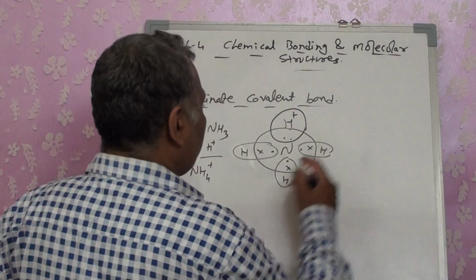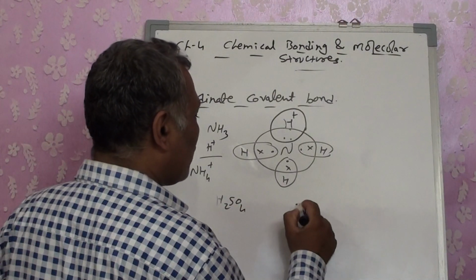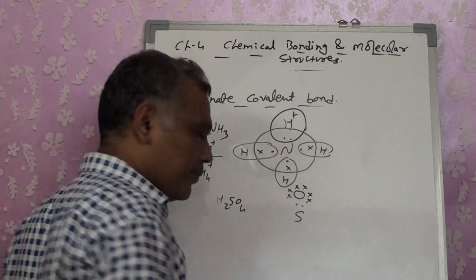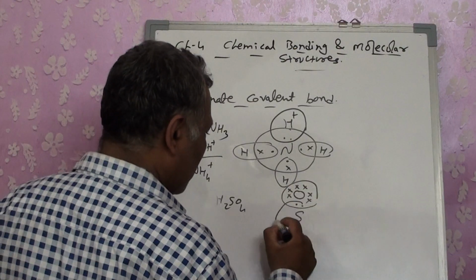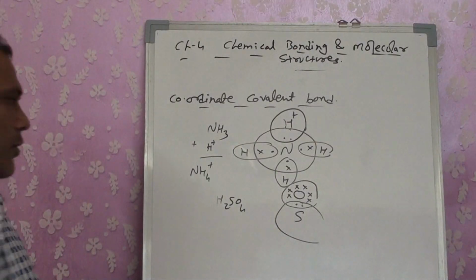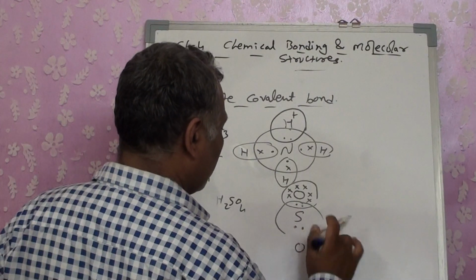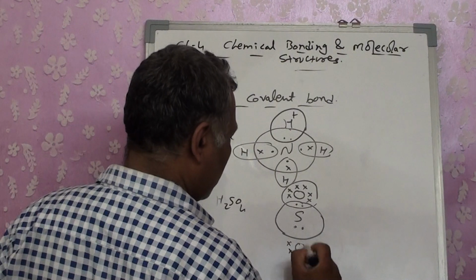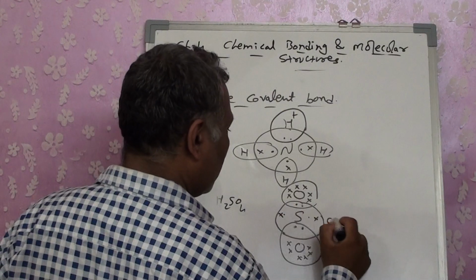In our last lecture we saw the dot structure of H2SO4, where sulfur was doing the same thing with the oxygens. It was simply donating the electron pair, not taking it from the oxygen. We saw that there were 2 oxygen atoms which did it like that, and 2 of them shared their electrons.